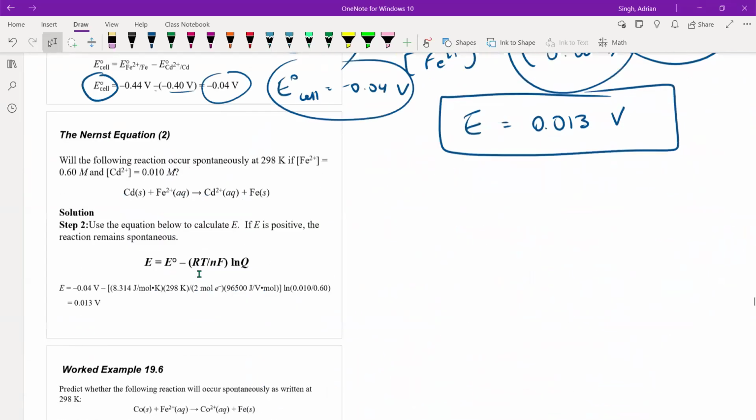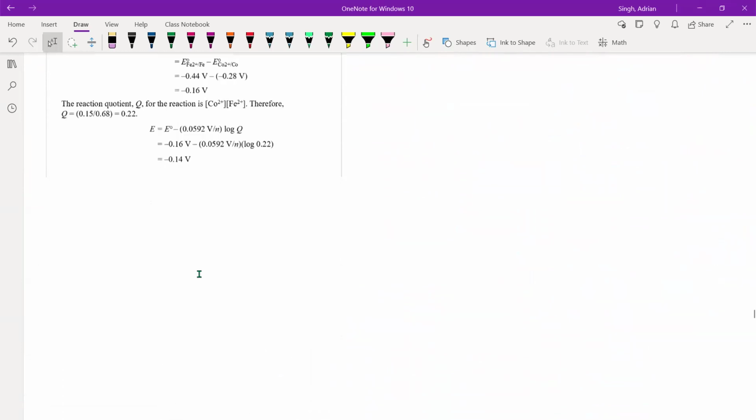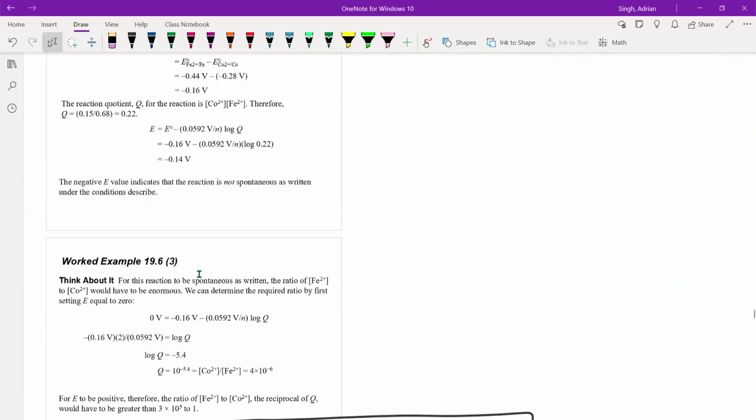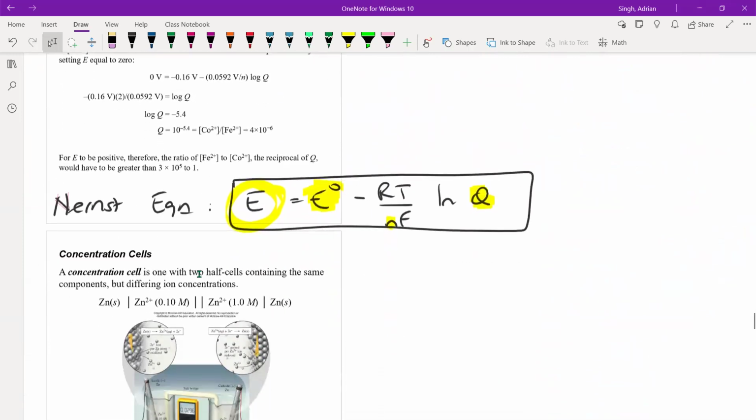Now, because the E of the cell, electrode potential, depends on ion concentrations, it is possible to construct galvanic cells composed of two half cells that are made up of the same material. So in other words, both cells could have zinc in them, but what's different would be the differing ion concentrations, right?